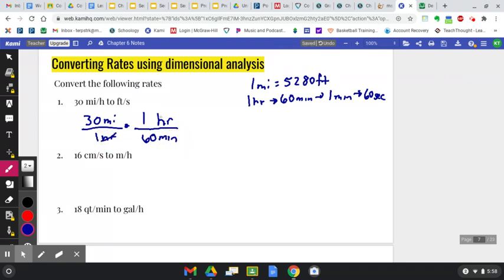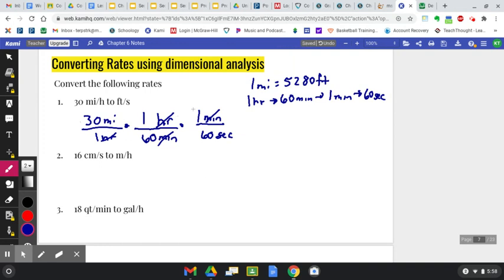So the hour units would cancel. Now I'm in minutes, right? But I got to get to seconds. So then I would take the conversion, right? Every minute, there are 60 seconds, right? And so the minutes would cancel.